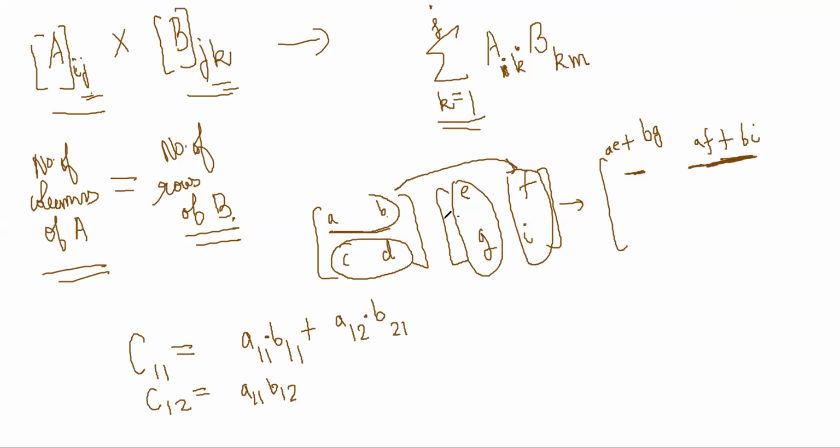AF plus BI, no, it is this one. A11 into, oh, okay. Yeah, fine. And then plus BI, BI is A12 into B22. B22, right?